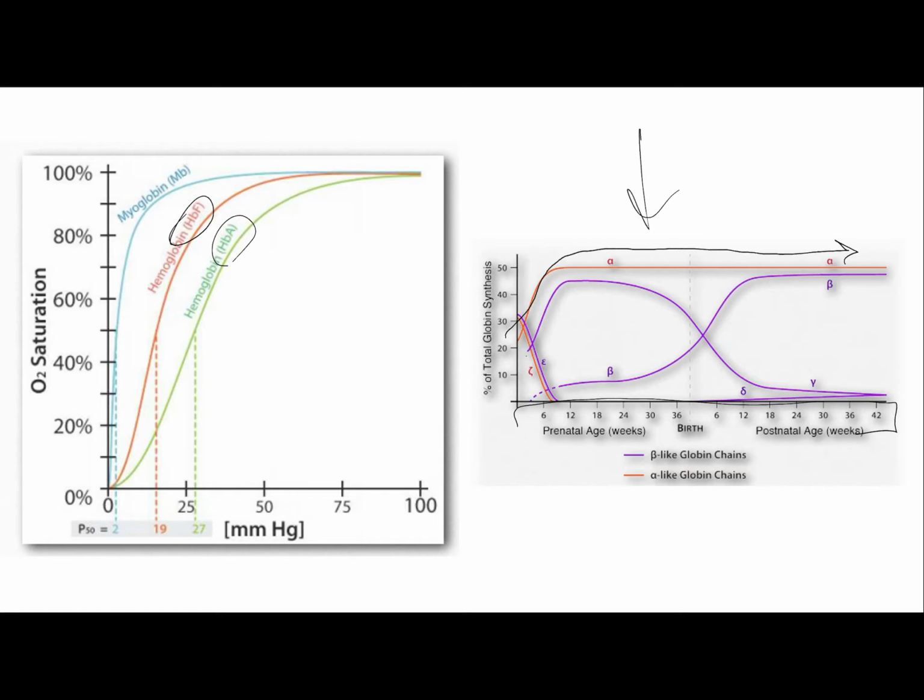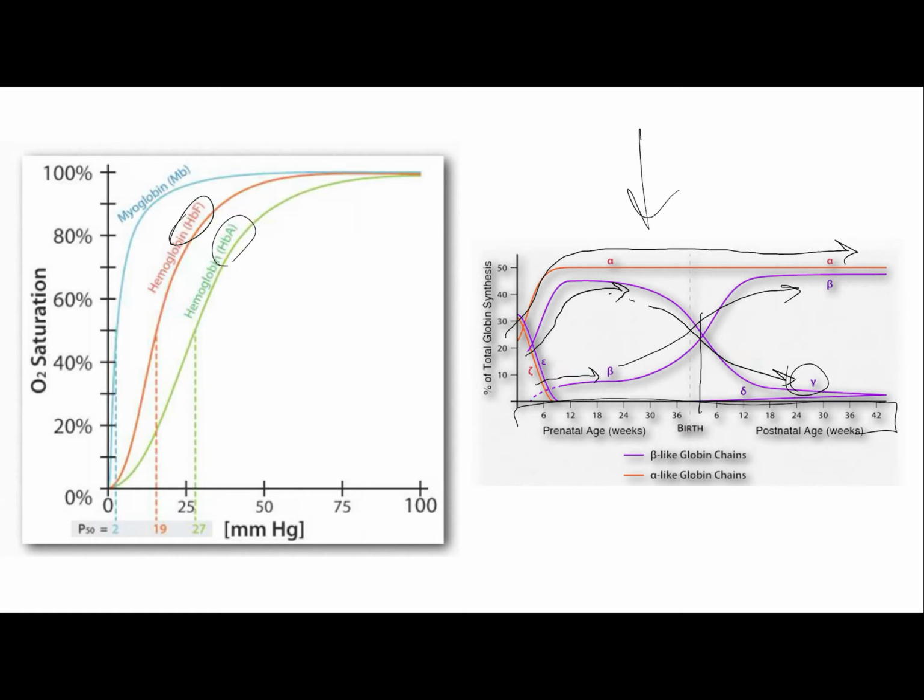They start off making lots of gamma and not a lot of beta. Then between 4 and 5 weeks after birth, that inverts. Actually it starts to happen even before then. Gamma production goes down, beta production goes up, because once they're breathing on their own, they don't need the gamma one anymore.